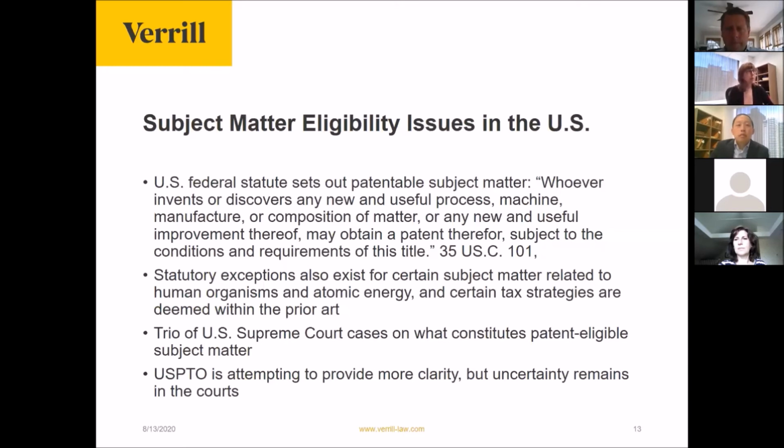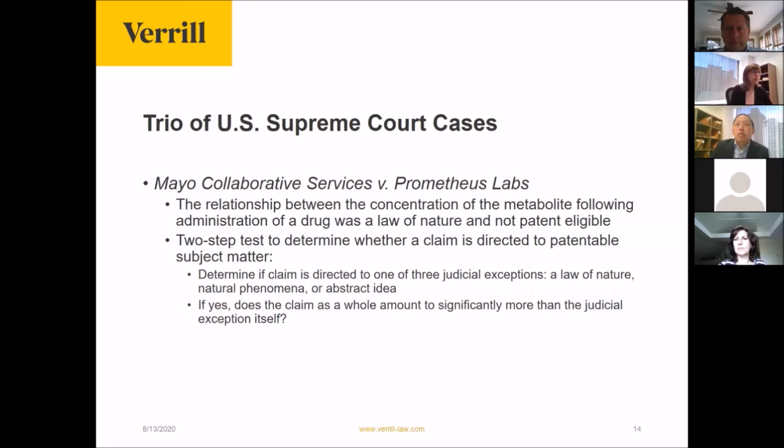Just want to mention a couple of things on the next slide. The Mayo case, which was the first case that the Supreme Court decided, was directed to a relationship between a metabolite following administration of a drug and the dosage to be administered. The Supreme Court found that this was just a correlation that was a law of nature, and the claim was not patent eligible.